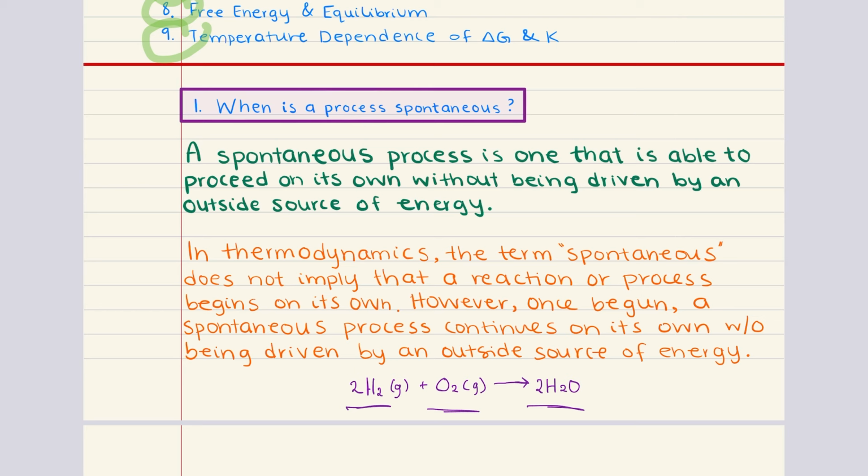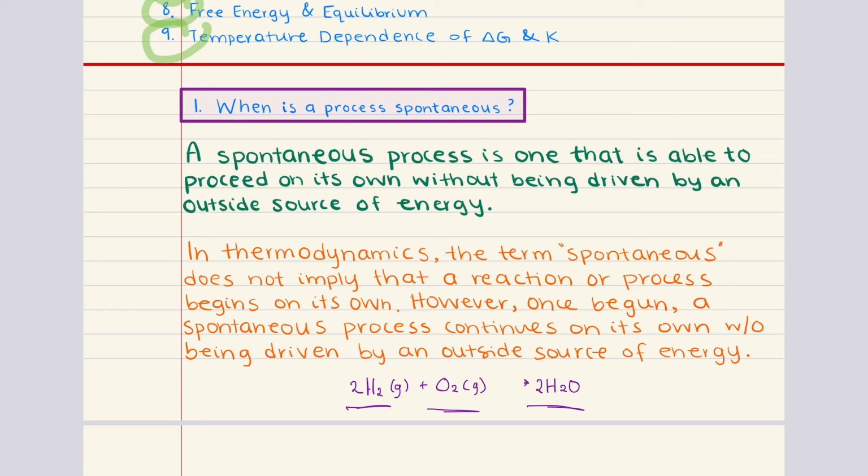If we ignite a mixture of hydrogen and oxygen, the reaction releases a significant amount of energy as it forms water molecules. This release of energy sustains the reaction until it finishes, and that illustrates a spontaneous process.